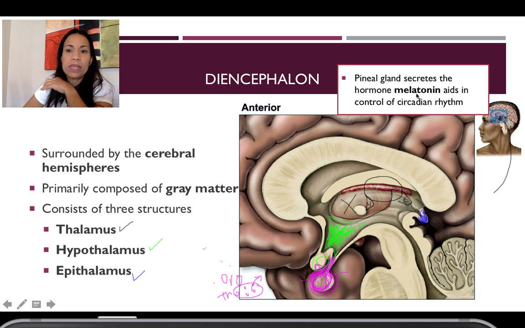Actually, some of the changes in middle school schedules have to do with this rhythm of melatonin secretion, also because of traffic.